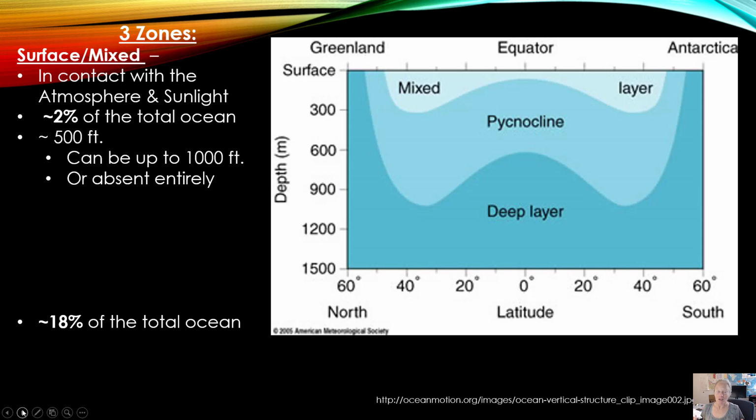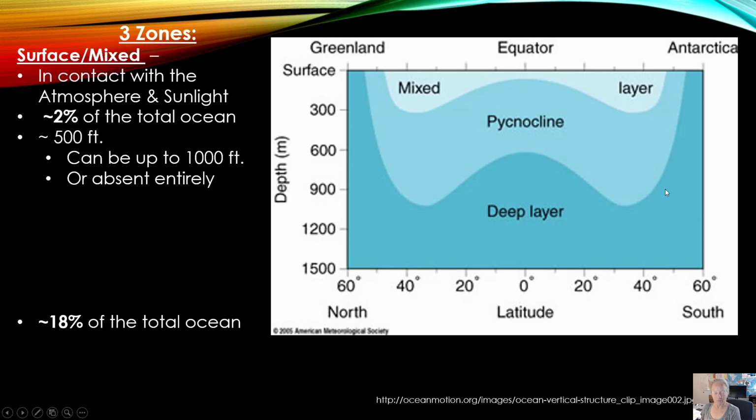What would it be mixed with, do you think? The atmosphere. You know, that's where the oxygen and nitrogen and the gases can be interchanged. This is the smallest part of the ocean. It only takes up about 2% of the total volume, but it's very, very important because that's where most of the food chain begins.